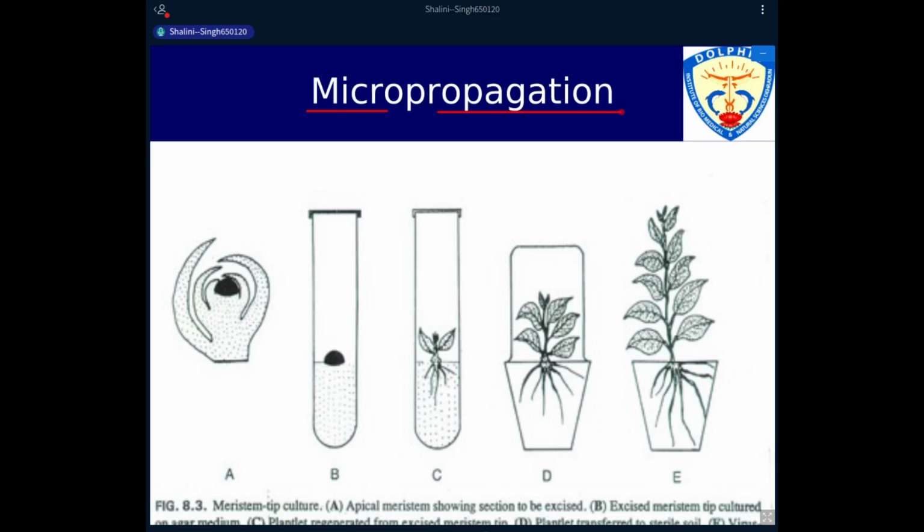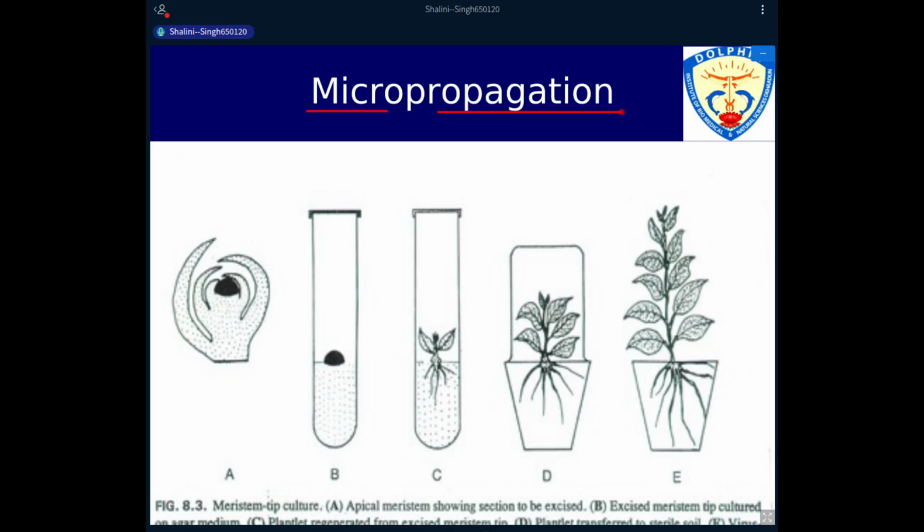So these are different methods. When you are growing a vegetatively propagated plant by tissue culture methods, that is known as micropropagation. A very short definition of micropropagation is in vitro clonal propagation.